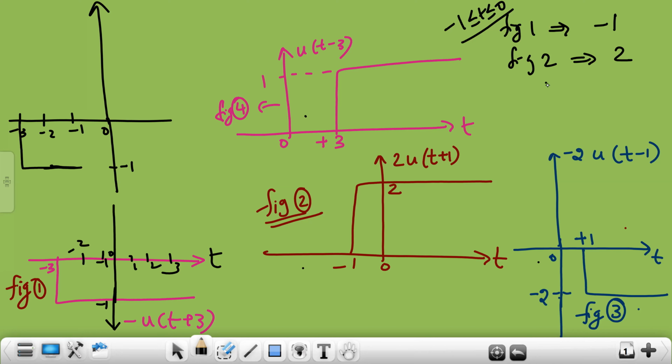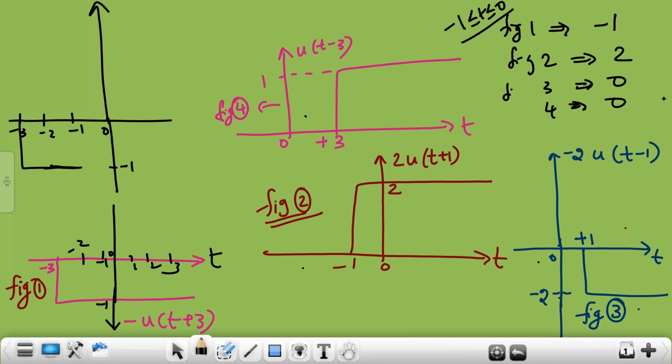So from figure 3, the answer will be 0. From figure 4 also, the amplitude will be 0. And when you add these 4 entities, you will get the answer as 1. -1 plus 2 plus 0 plus 0 is 1.